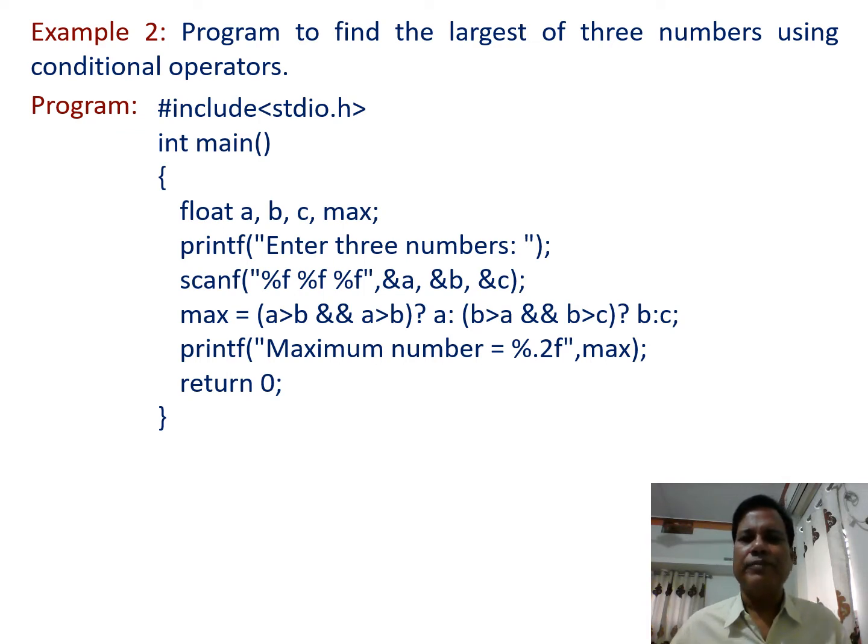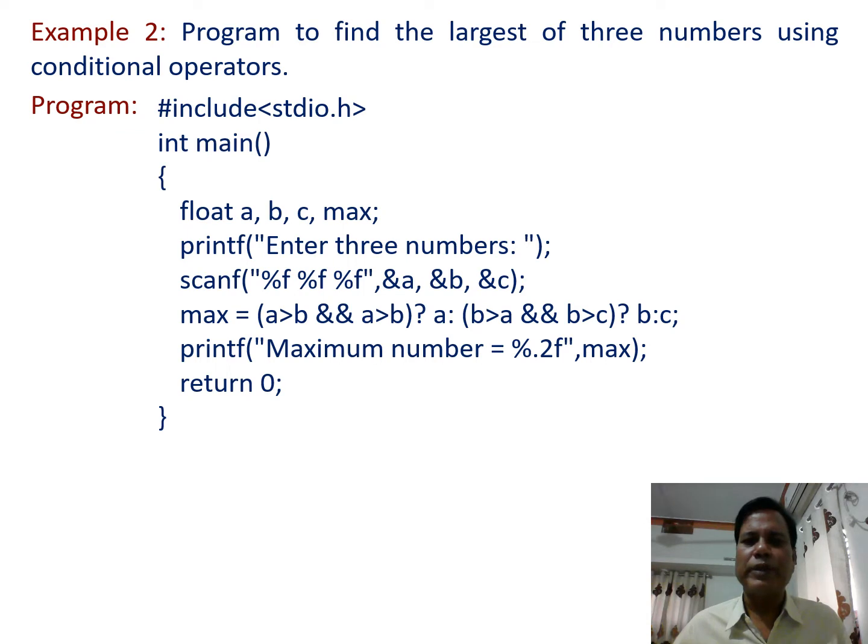The printf statement prints the message to enter three numbers on the output screen, and the user enters the three numbers. Those three numbers are taken in by the scanf function and stored in the variables a, b and c. Then the next statement is max = a > b && a > c ? a : (b > c ? b : c). So this is expression 1.